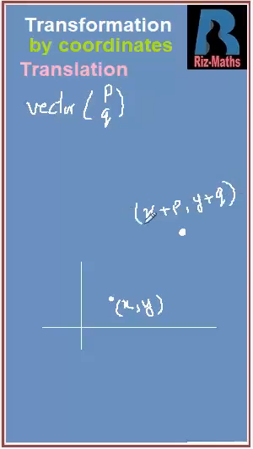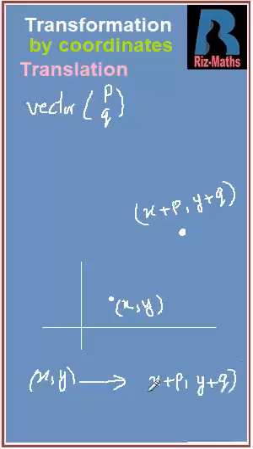Either p and q are negative or positive, in all cases you will do like this. So you will get the new image of the point. So it means we can say that xy will transform to x plus p, y plus q. So these are the new positions of the point.